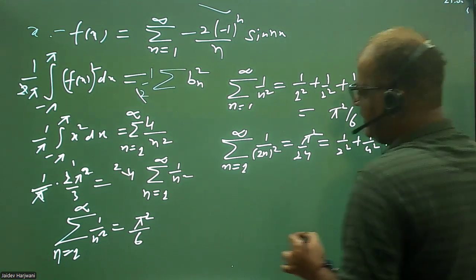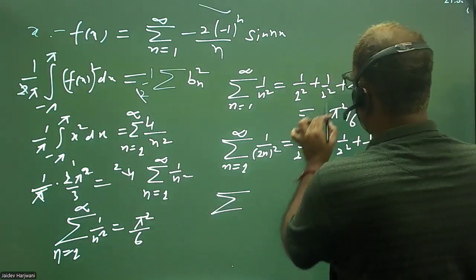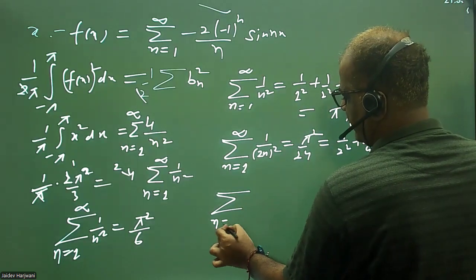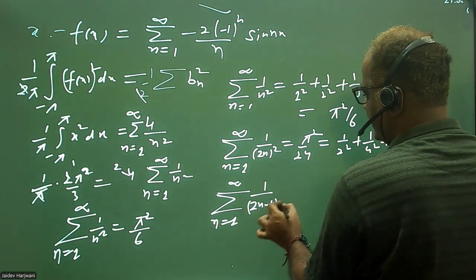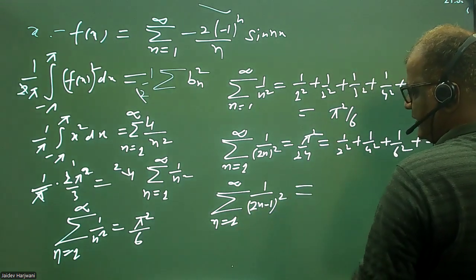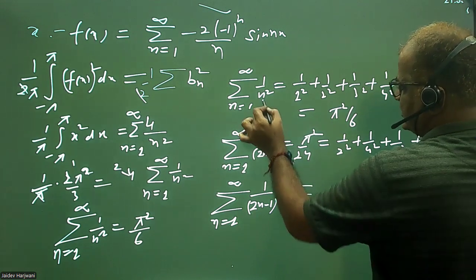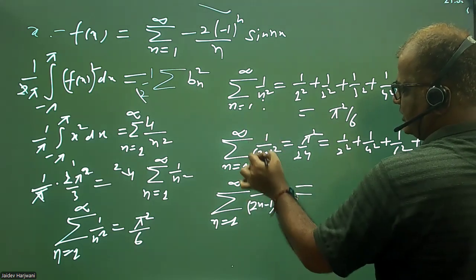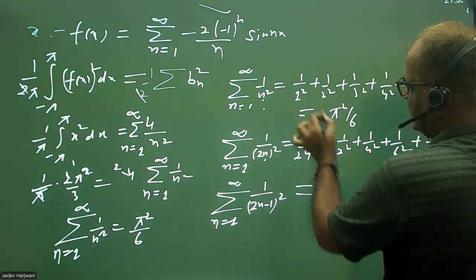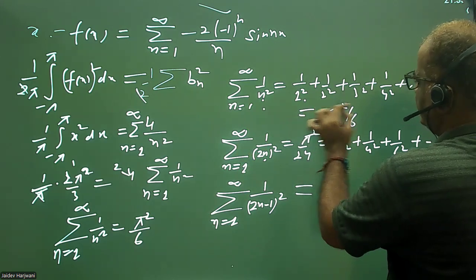Similarly, if I want to find the series for only odd numbers, I can write 2n minus 1 square. Now this will be this minus this, because this is a complete series, and this is the even numbers. I want to remove these even numbers and keep only odd numbers.